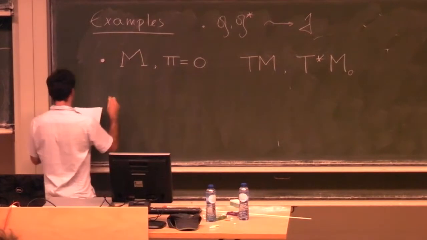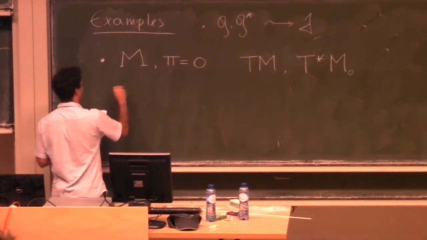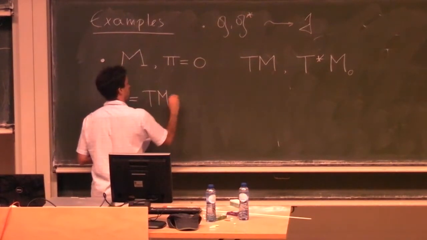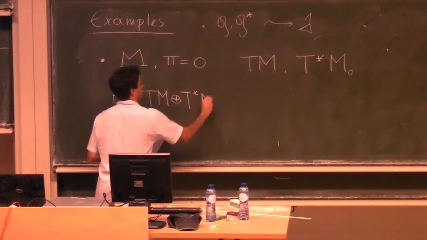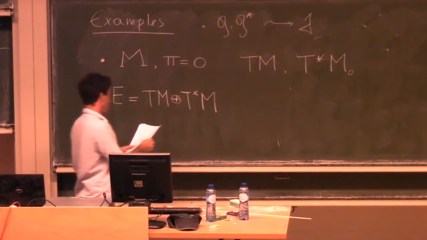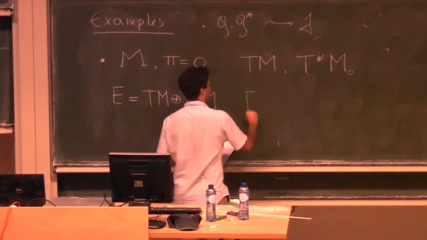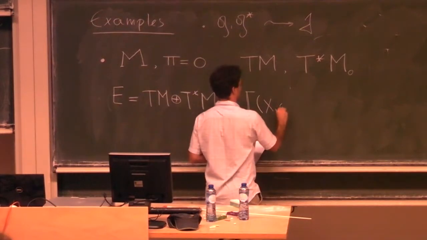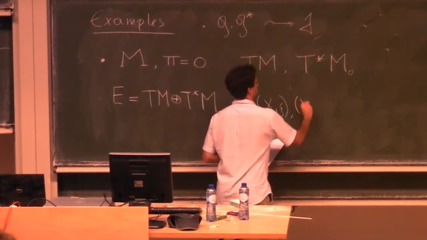So let's take the double and follow the formula. If you do that, then the bracket that comes out, so my notation is something that looks like this.